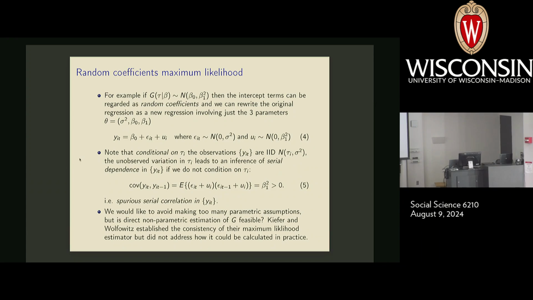So if you look at the covariance, even though conditional on each tau their choices are independent, if you don't account for it, you're going to say, wow, the data are serially correlated, right? And that's entirely spurious because you haven't controlled for the unobserved heterogeneity. This appears widely, and that's why people use fixed effects and random effects to avoid those kinds of spurious conclusions.